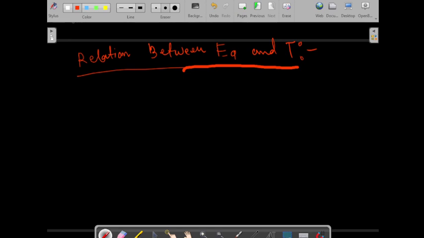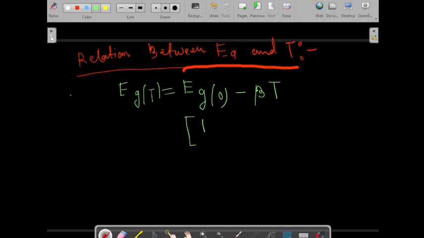The relation is EG equal to EG0 minus beta T. Here beta is a material constant.